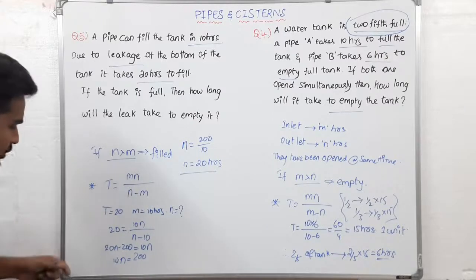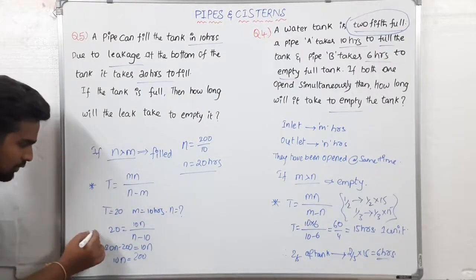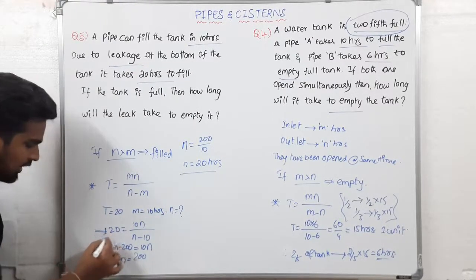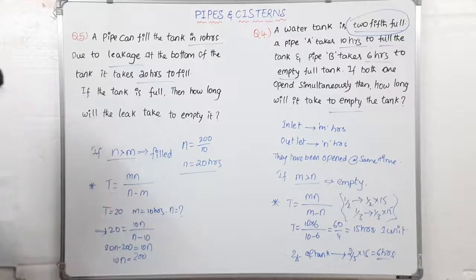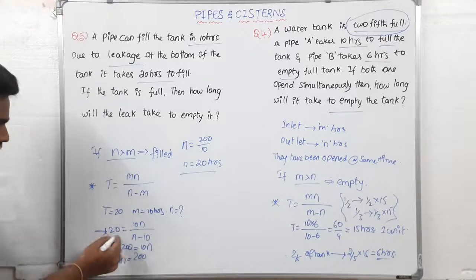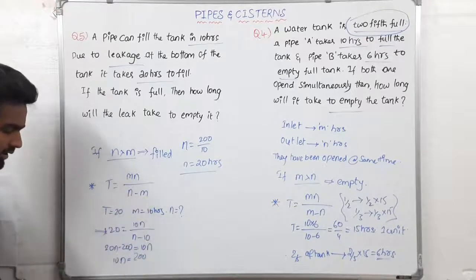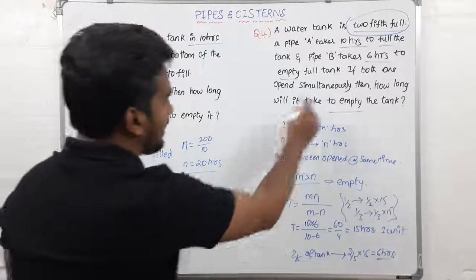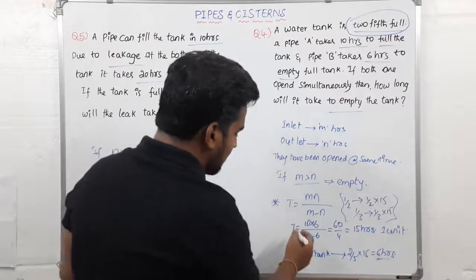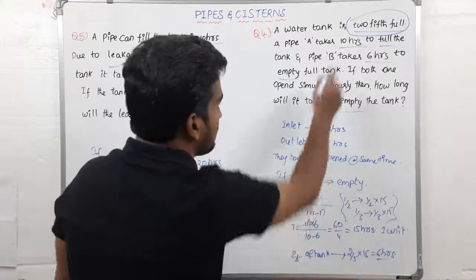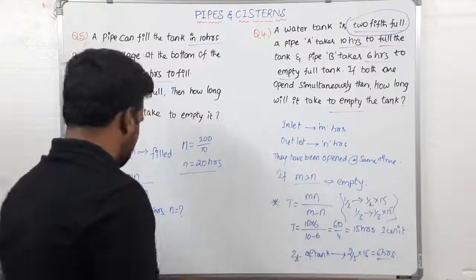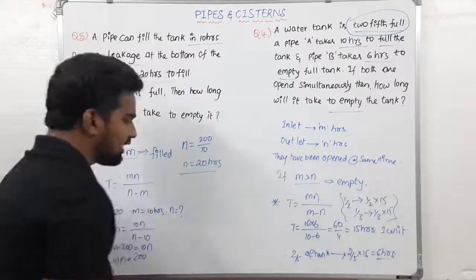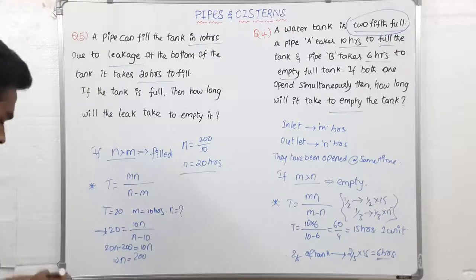If you practice more problems, you can directly come to this step: 20 equal to 10n by n minus 10. Here also, if you practice more problems, you can directly come to T equal to 10 into 6 by 10 minus 6. Simply, you can get the answer in 20 seconds.